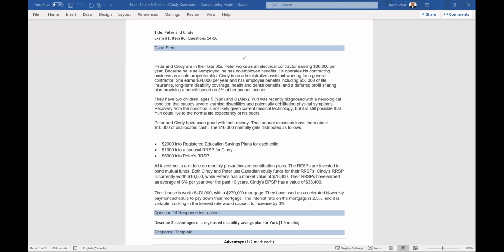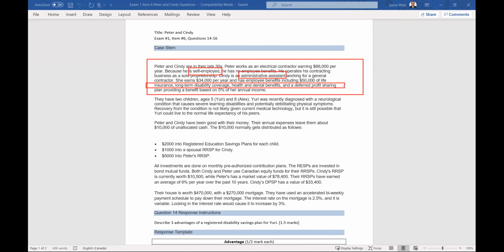Okay, we have a couple here. We have some levels of income provided. We're told one of them is self-employed and one of them is employed. We have a little description of benefits. We have some kids, and one of the kids diagnosed with a neurological condition, recovery not currently likely, but could have a normal life expectancy.